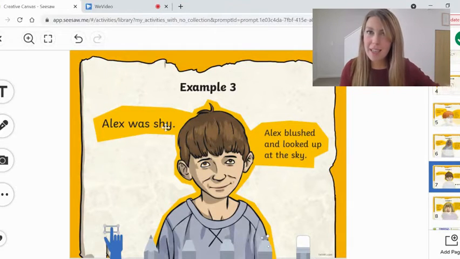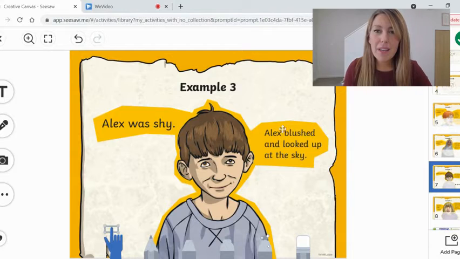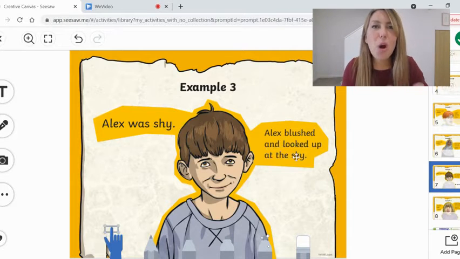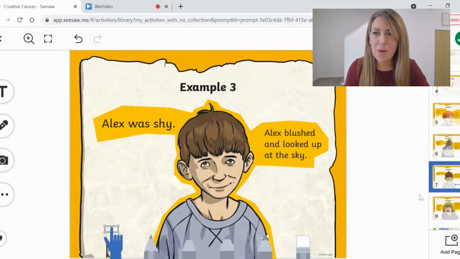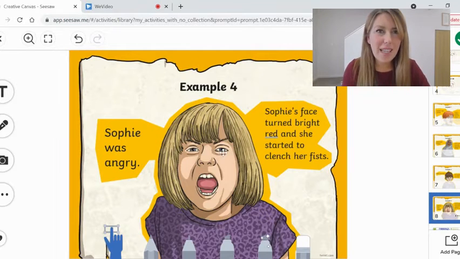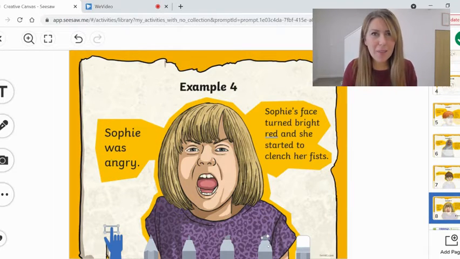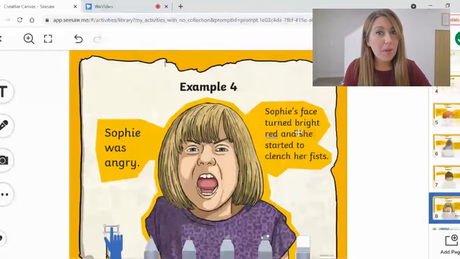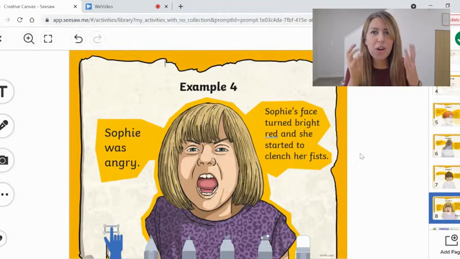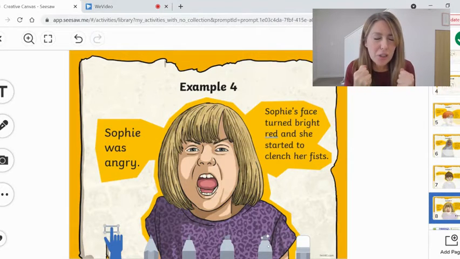But rather than doing that, you can show them. Alex blushed and looked up at the sky. You're showing them how the character's feeling with words. And the last example, Sophie was angry. That's telling the reader exactly what Sophie was, just telling them. The better way is to show them using words. Sophie's face turned bright red and she started to clench her fists. You're showing them that Sophie is angry rather than just telling.